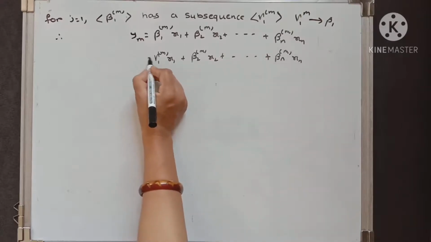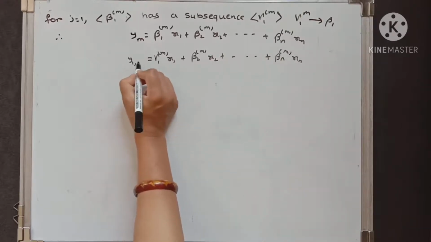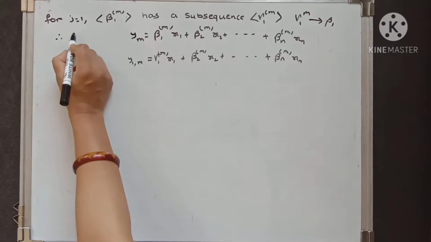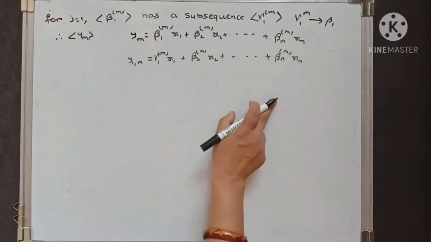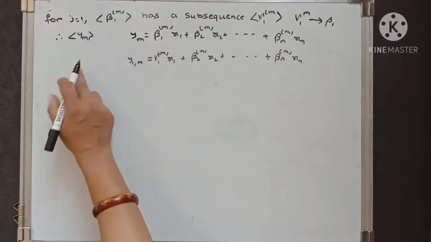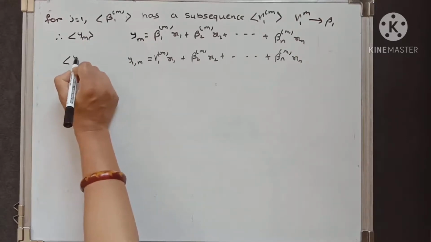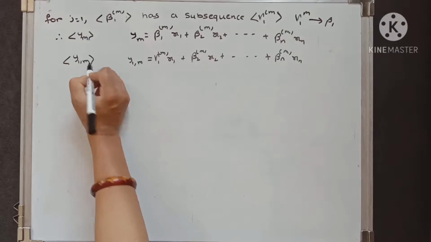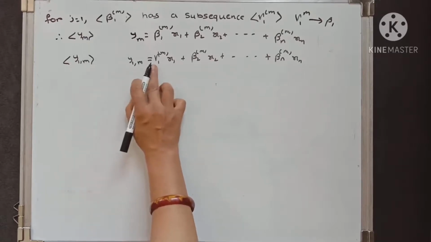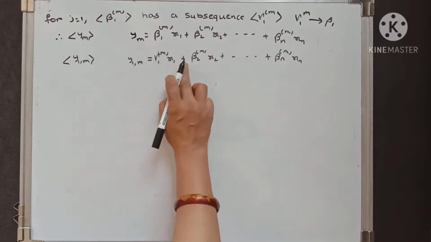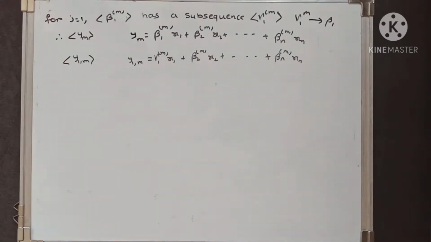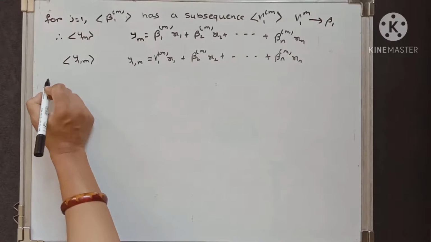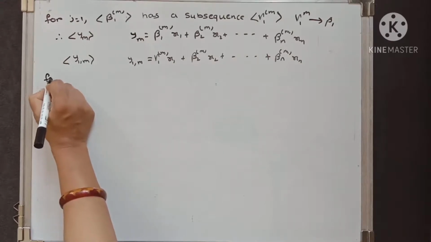Now here we give it the name y1m. Therefore the sequence ym has a subsequence y1m such that y1m equals gamma 1m x1 plus beta 2m x2 up to plus beta nm xn. Now here we take j equals 2.